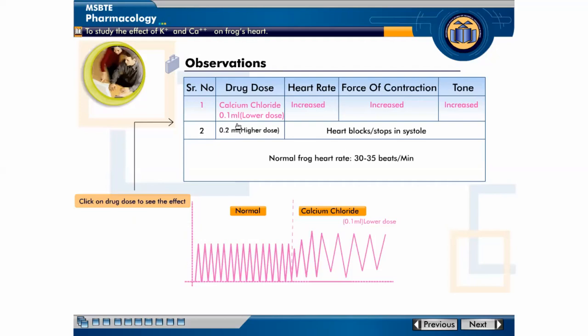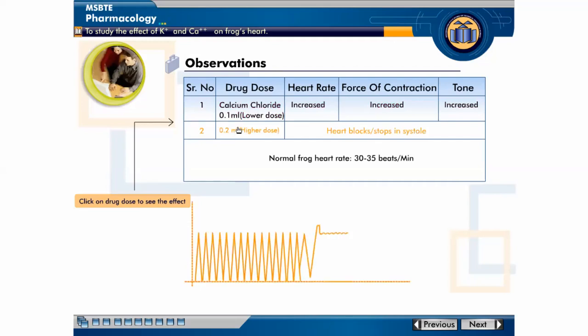When 0.2 ml higher dose is given, 0.1 ml being the lower dose, what happens? Heart blocks and stops in the systole, means there is contraction and then the heart gets blocked and stops the contraction, that is stop in the systole. Heart हे contraction मध्ये stop होतं.